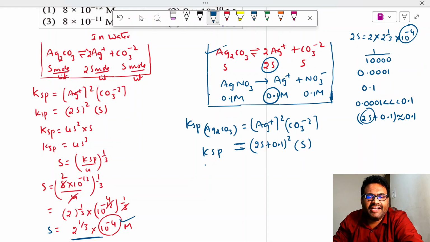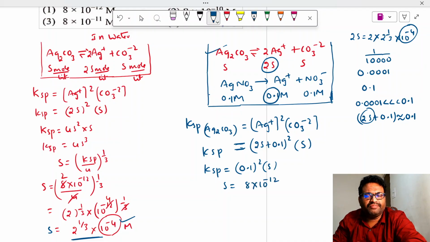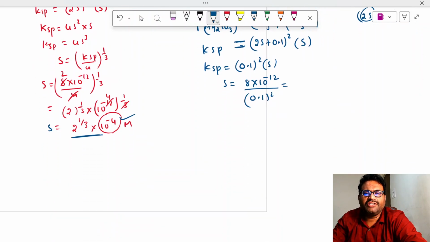So directly I can take Ksp equal to 0.1 square into S. So S is equal to Ksp, already given as 8 into 10 power minus 12, by 0.1 square. That is 8 into 10 power minus 12 by 10 power minus 2, which is equal to 8 into 10 power minus 10.